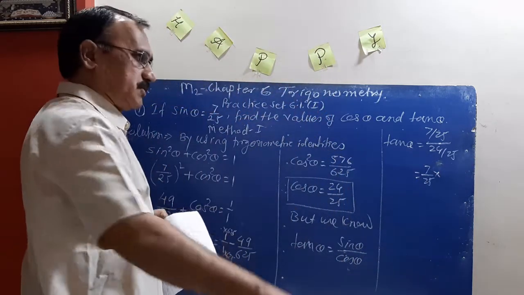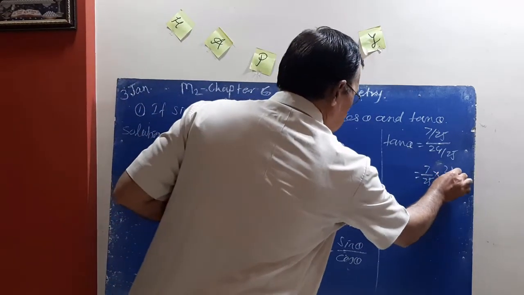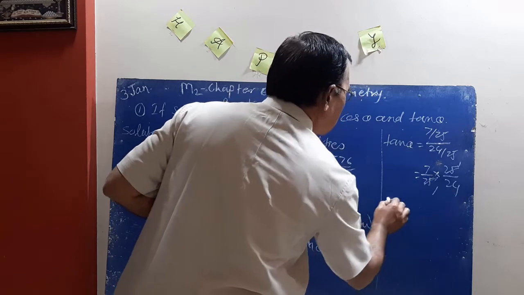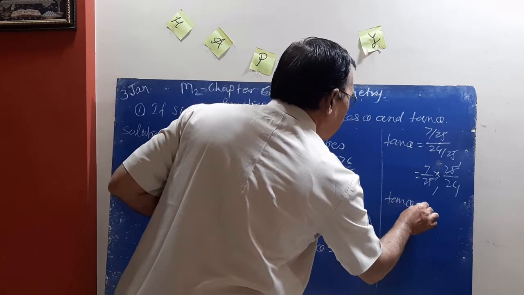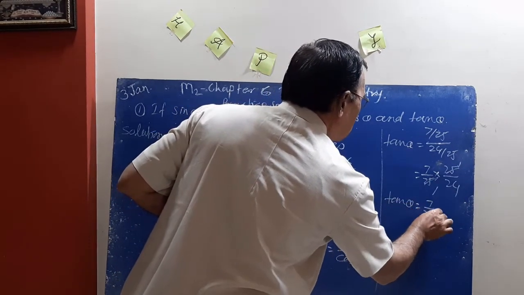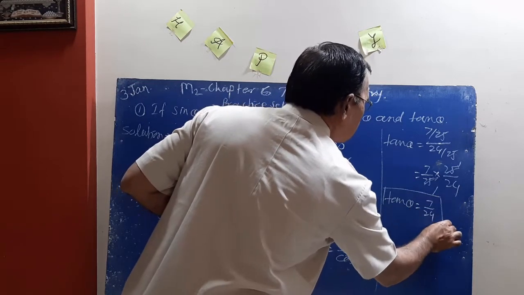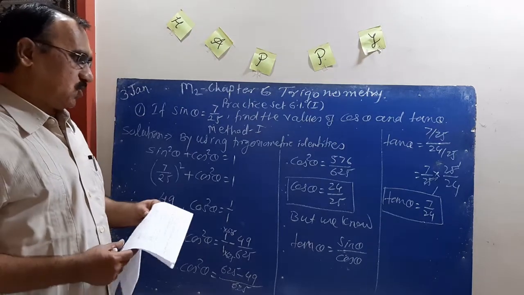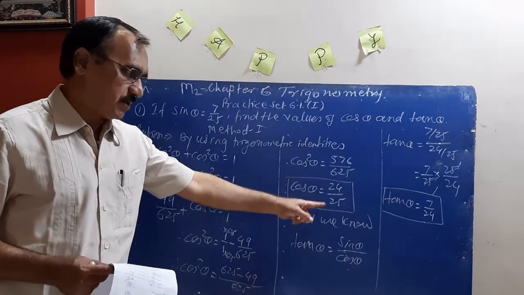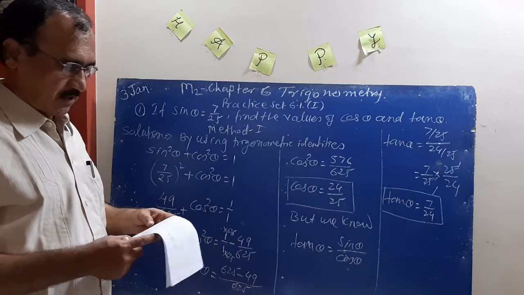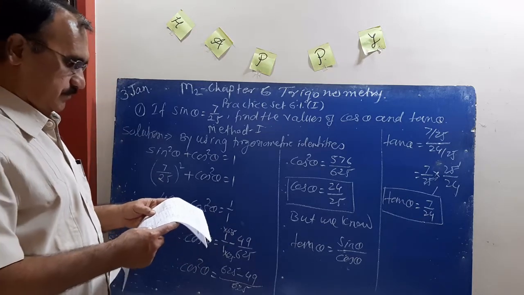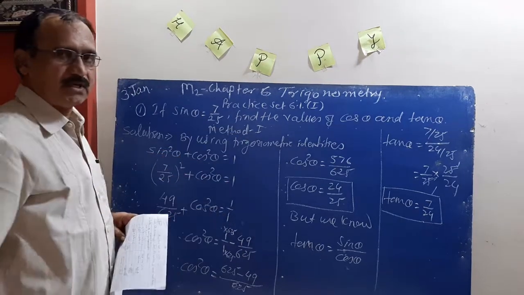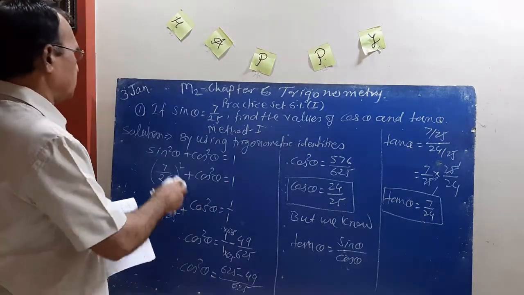Convert it into multiplication, meaning 25 upon 24. 25 gets cancelled, and therefore tan theta is equal to 7 upon 24. These are the two required answers: cos theta is equal to 24 upon 25 and tan theta is equal to 7 upon 24. Okay, this is method 1, by using trigonometric identities.